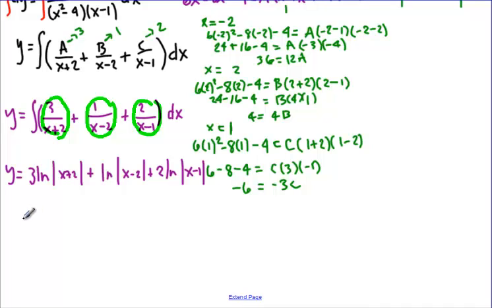So basically what I would have is, and this will look really strange, the natural log of the absolute value of x plus 2 cubed times the absolute value of x minus 2 times the absolute value of x minus 1 squared. And this is your general solution, the graph y equals as the general solution to the differential equation.